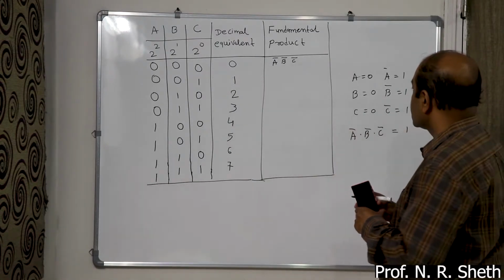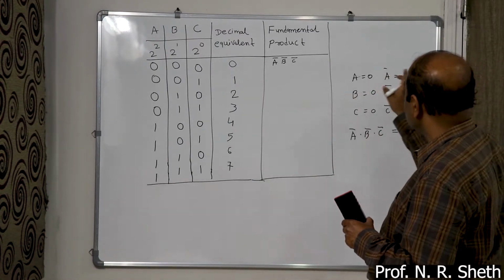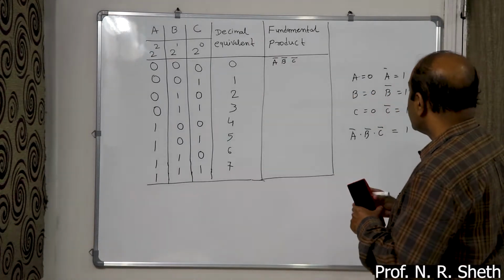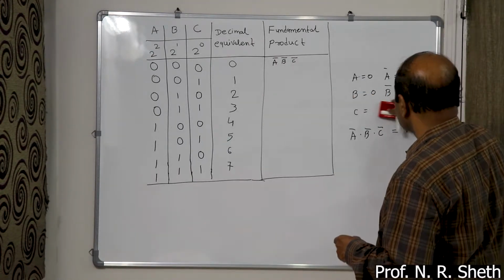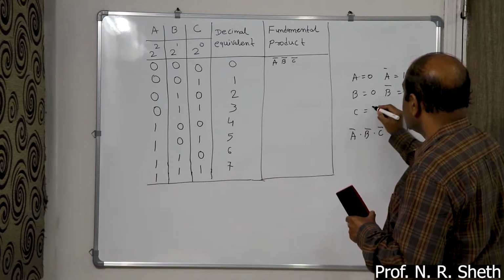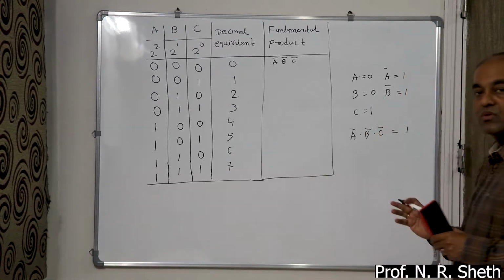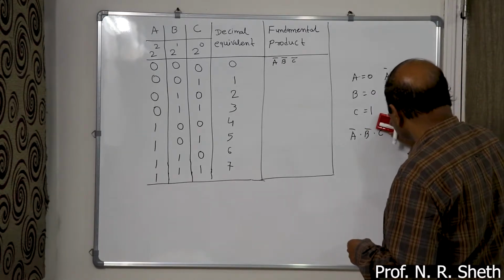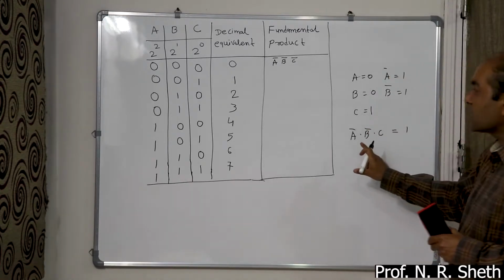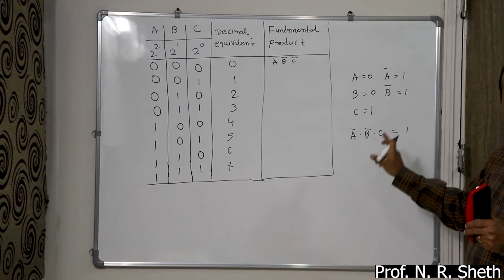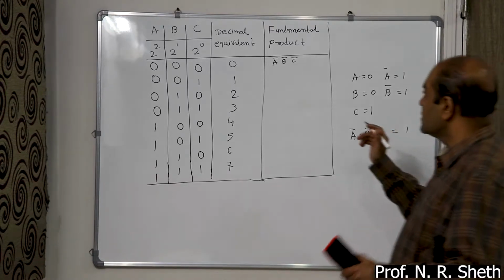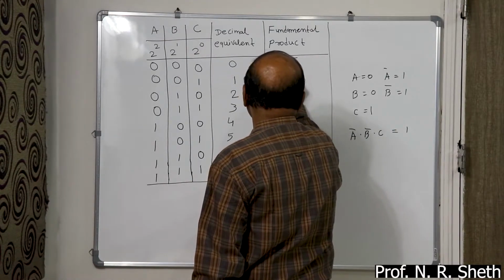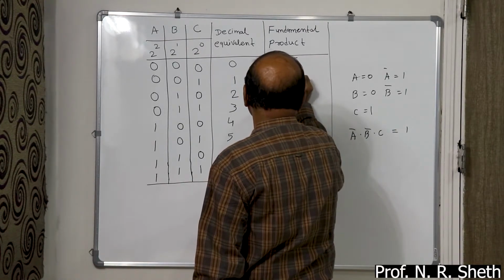Now the second case: A is 0, A bar is 1, B is 0, B bar is 1, but C is already 1, so there is no need to find C bar. In this case, your fundamental product is A bar dot B bar dot C.